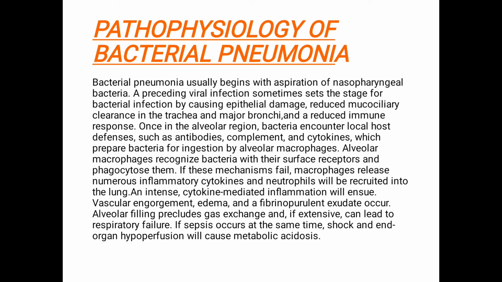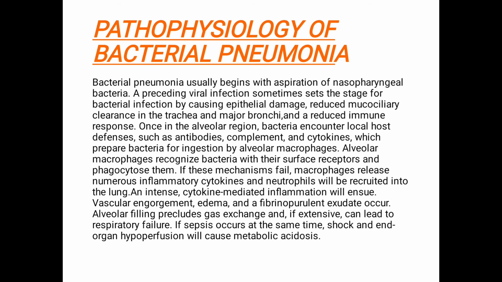So, our alveolar macrophages have surface receptors. With the help of surface receptors, they phagocytose the bacteria. If these mechanisms fail, macrophages release numerous inflammatory cytokines, and neutrophils will be recruited into the lung.